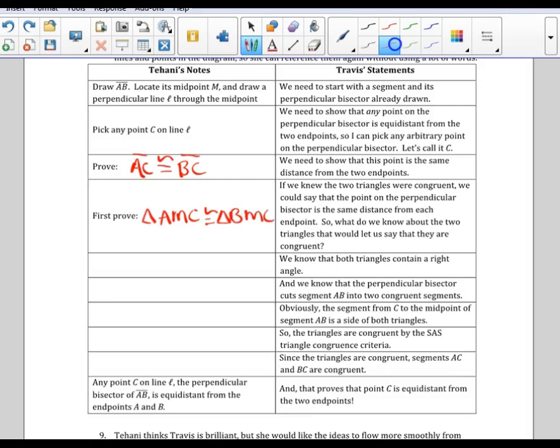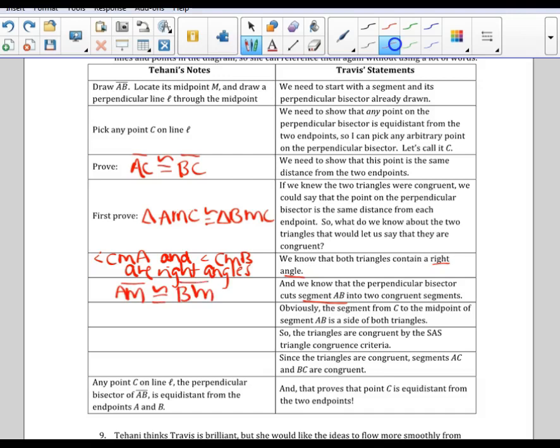And if we know that both triangles contain a right angle, then we can say that angle CMA and angle CMB are right angles. And if we know that the perpendicular bisector cuts segment AB into two congruent segments, then we can conclude that line segment AM is congruent to line segment BM.